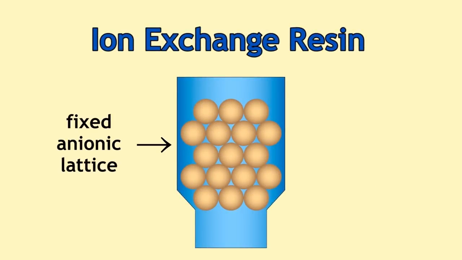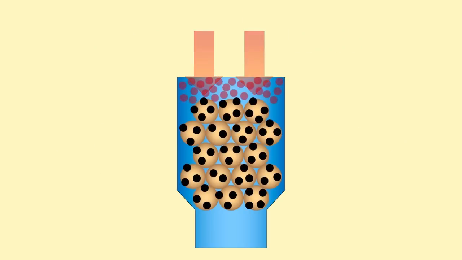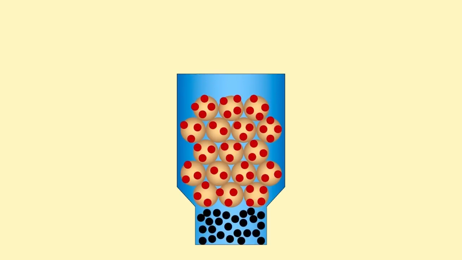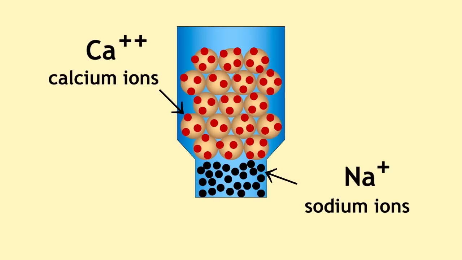These have a fixed anionic lattice, a bit like clay, initially balanced by positive sodium ions. As hard water flows through, the calcium ions are exchanged for the sodium ions, so that the calcium ions sort of stick to the clay and the sodium ions come out into the water. And in this way the water is softened because the calcium is no longer there.